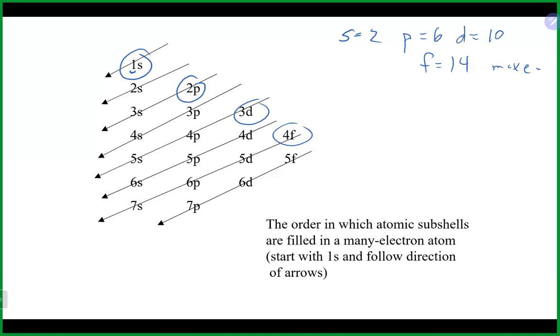So if you just kind of remember that order and kind of put them diagonal of each other, all you have to do is pretty much just fill in the numbers underneath. And honestly, even if you go a little too far in terms of numbers at this end, you'll never get there anyways, probably in most cases, so you'll be okay. And you'll be able to write pretty much any type of electron configuration that you need to do.